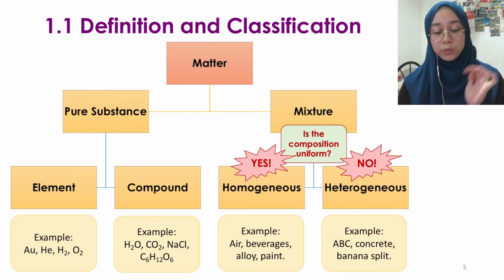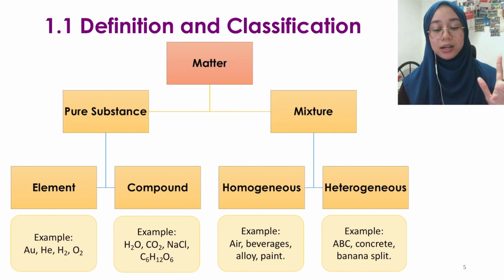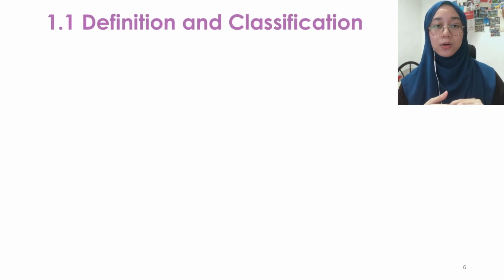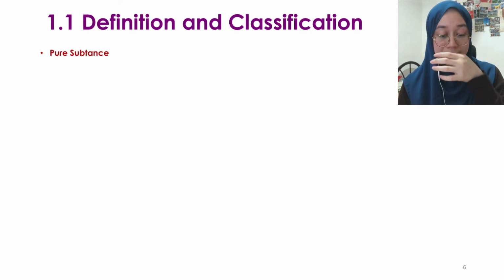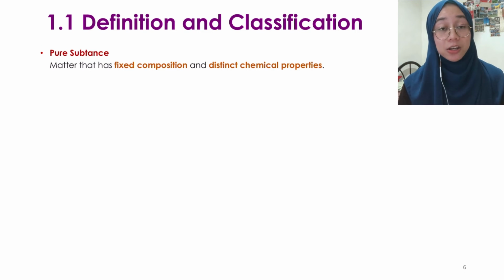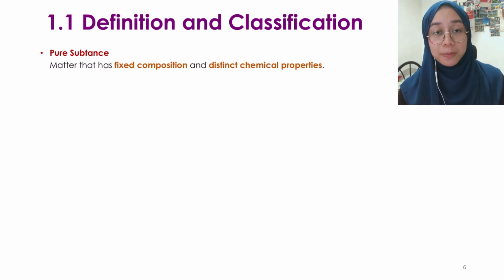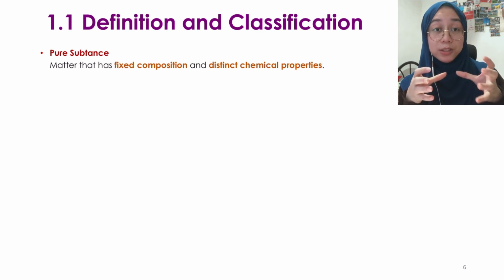Okay, so untuk kita lagi faham sebenarnya benda-benda ni semua, kita tengok secara ringkasnya definition untuk all the classification yang kita baru tengok tadi. So basically pure substance is a matter that has a fixed composition and distinct chemical properties. Dia ada chemical properties dia sendiri. Okay, macam beras tu tadi, dia dah ada fixed composition beras tu sendiri.